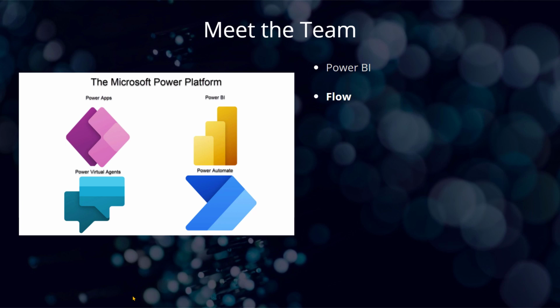So when the trigger is initiated, then the action is performed. What we saw earlier on was that when that yes/no form was submitted, the flow was triggered, and then the flow picked up the information and pushed it into a database.